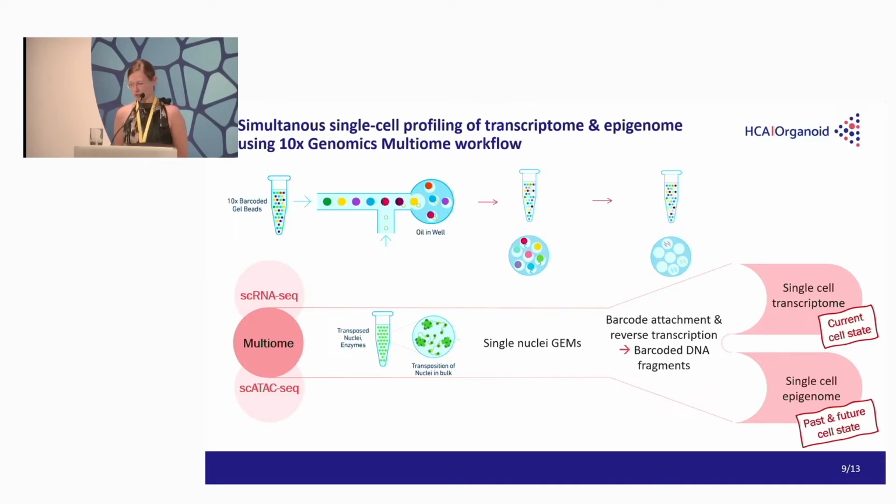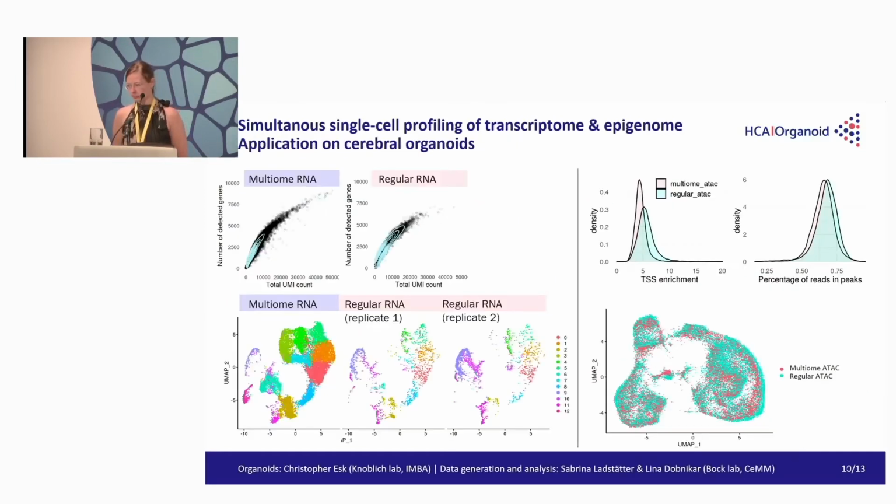On top of this we perform reverse transcription, which allows us to split the sample for gene expression library preparation as well as ATAC library preparation. In that way, we get from the same cell, or in that aspect nucleus, the single transcriptome as well as the single epigenome data.